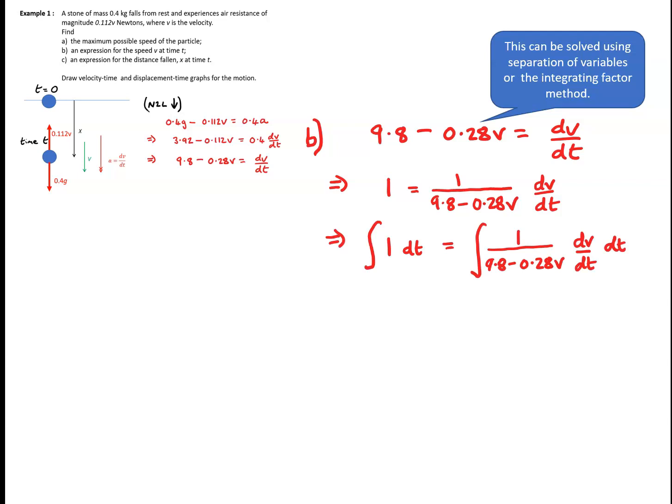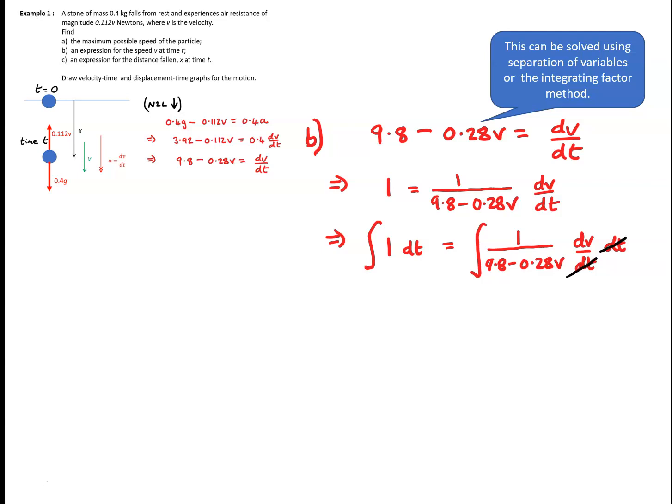Integrating each side with respect to t gives me the integral of 1 with respect to t is equal to the integral of 1 over 9.8 minus 0.28 V times dV by dt, integrated with respect to t.